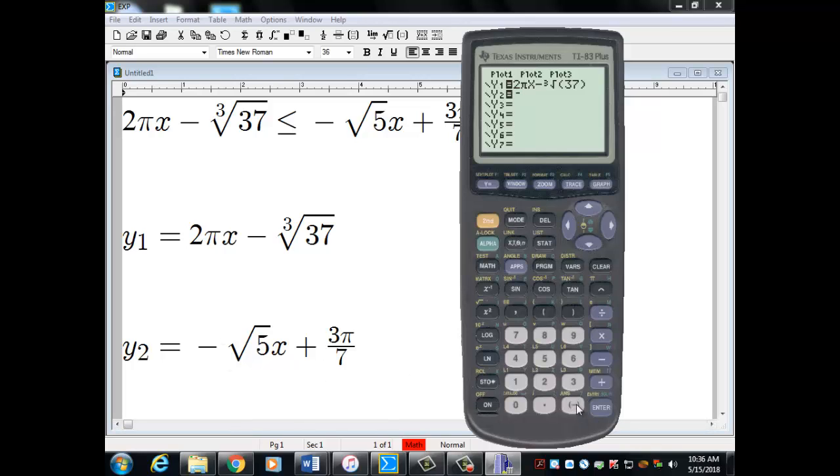Then negative, again, don't use the minus sign, use the negative sign. Square root 5x plus. Now, where do you do the fractions at? Open parenthesis, 3 pi divide 7.